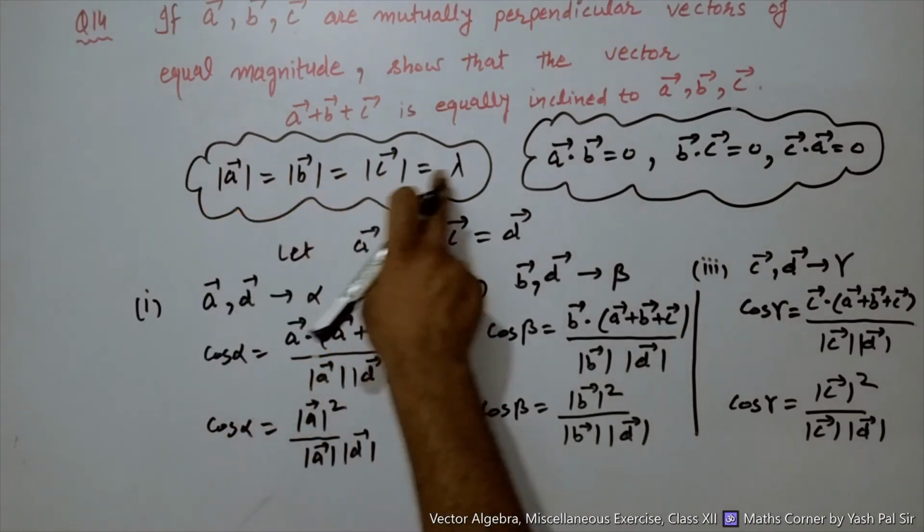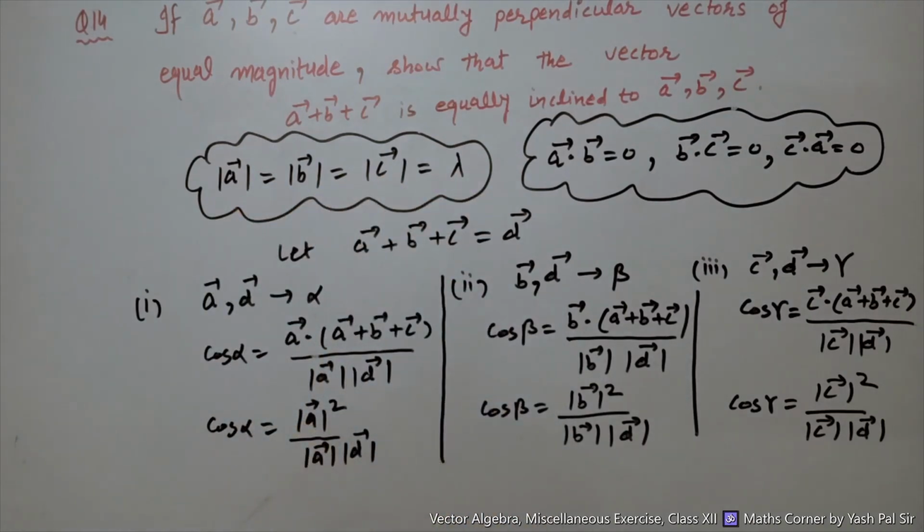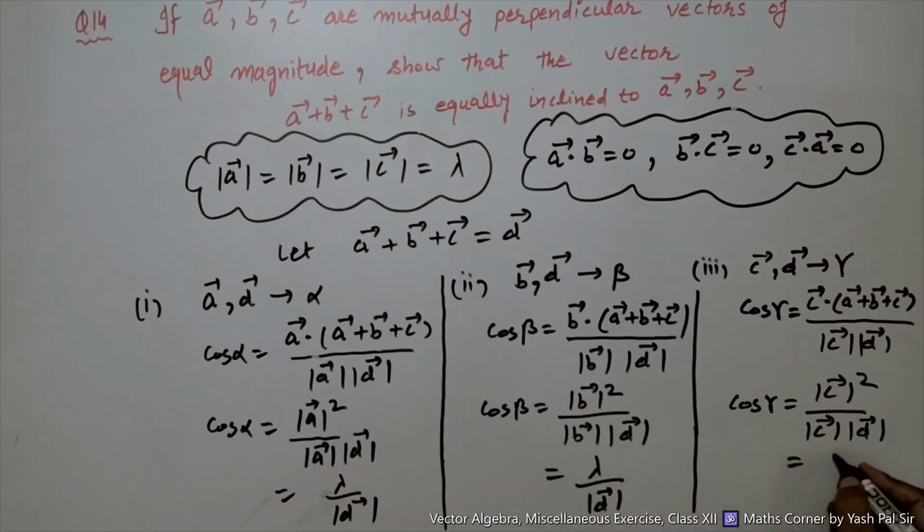Magnitude of A, B, C, they are all equal to lambda. So this becomes lambda upon magnitude of vector D. This is also equal to lambda upon magnitude of vector D, and the third one is also equal to lambda upon magnitude of vector D.